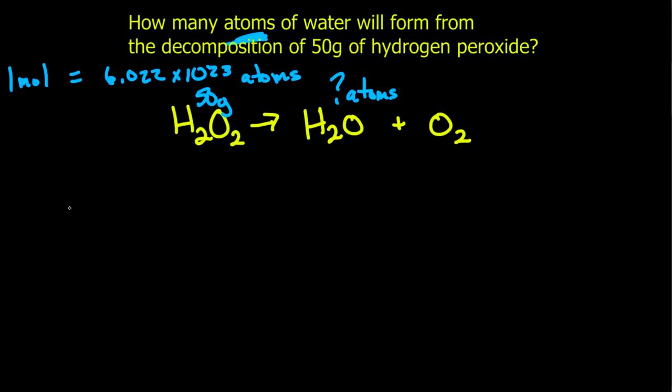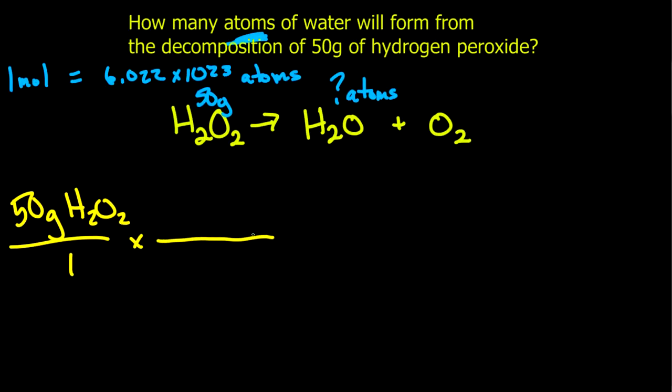Alright, there's our information set up. So let's just knock this thing out with a little dimensional analysis. So I got 50 grams H2O2. Need to do a mole conversion. They change mass to moles. So I got to change grams of H2O2 to moles of H2O2.